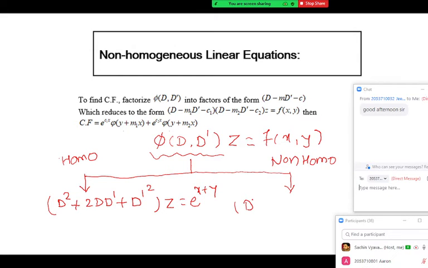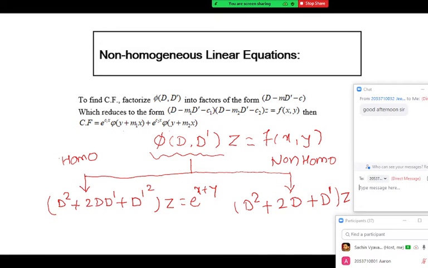But in a non-homogeneous case, the degree of each term is not necessarily the same. We may have something like D square plus 2D plus D dash of z. Now you will observe, can you tell me the degree of the first term? 2.